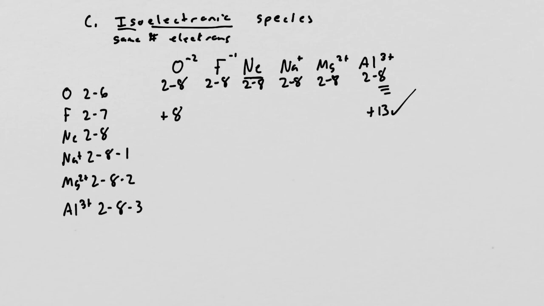All other things being equal, it's going to pull on those electrons to a greater extent. It's got what they call a greater effective nuclear charge. Therefore, this will be the smallest. This will be the largest. And the pattern is a straightforward pattern. From the smallest nuclear charge being the largest of the isoelectronic species to the one with the highest nuclear charge having the smaller radius because it pulled the electrons in the most.